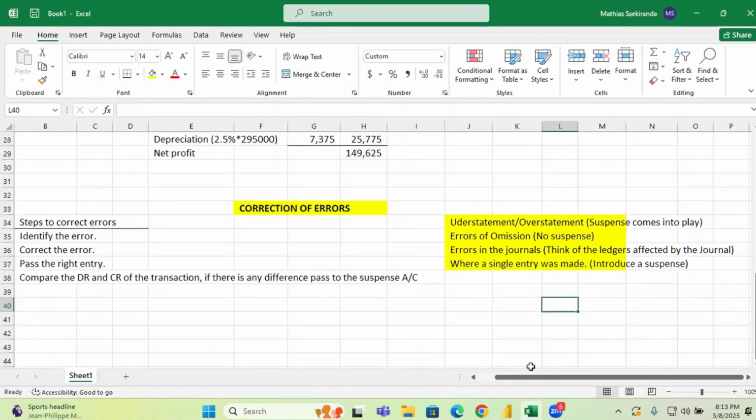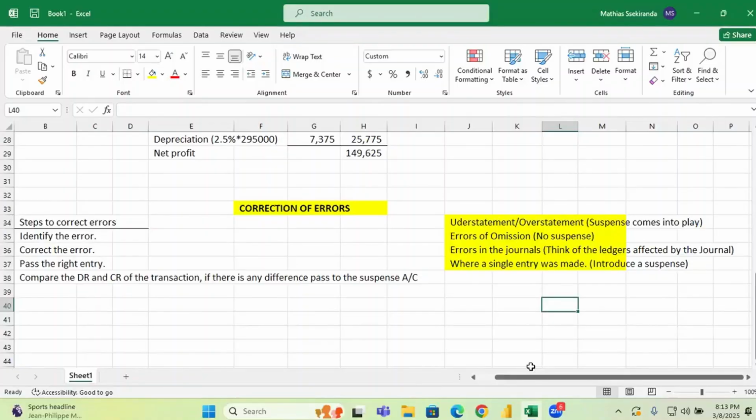KTL received money from a debtor, but the accountant only entered the transaction in the cash book, and the corresponding entry was never completed. And you know that when you receive money from a debtor, you debit cash book and credit the debtor. But the examiner is saying the accountant only entered the transaction in the cash book.